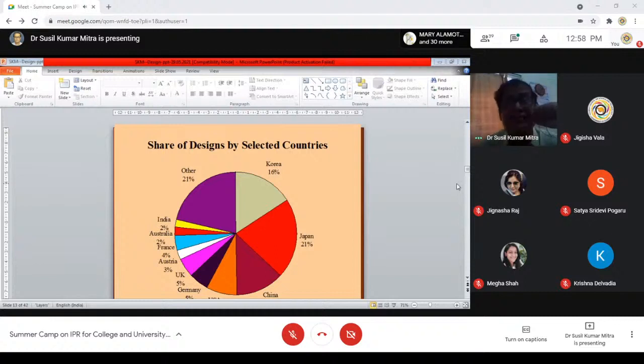But still, why do Japan, Korea, and China emphasize and focus on design? Because they know very well that to create market leadership, functional improvement alone is not the major part.